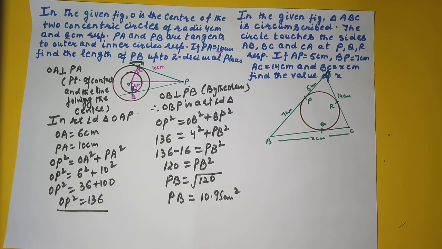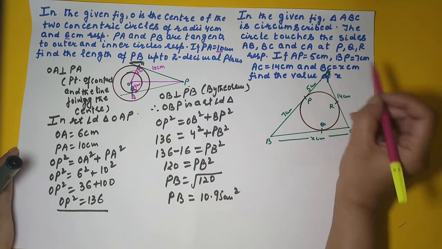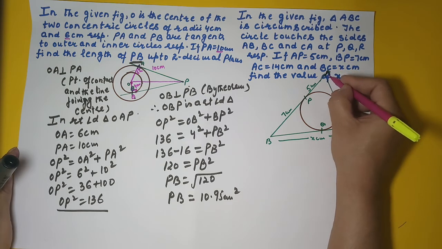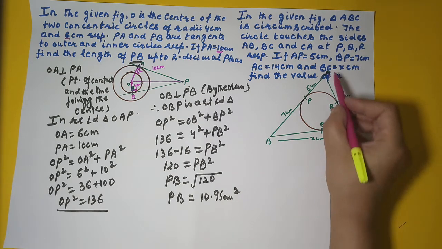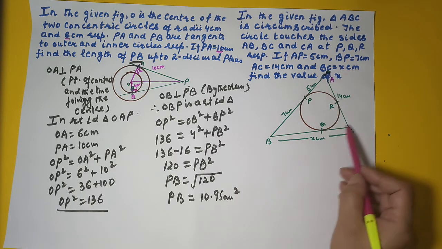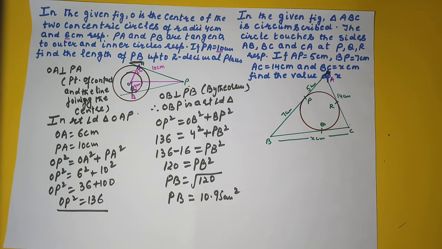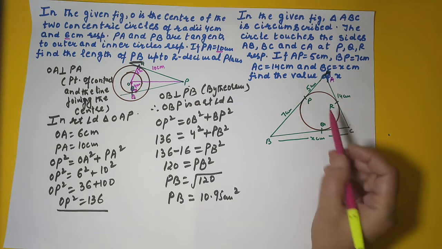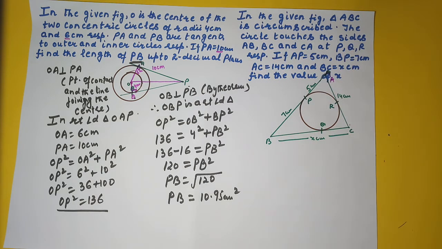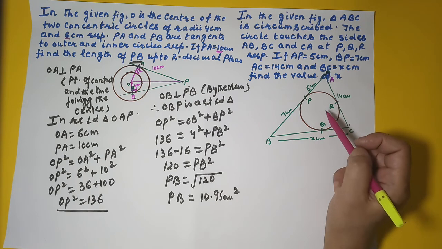Let's go to another question here. We have the figure which is given to us, and in this figure ABC is a triangle. This vertex of the triangle is A. ABC is a triangle and it is circumscribing the circle. The circle touches the sides AB, BC and CA.